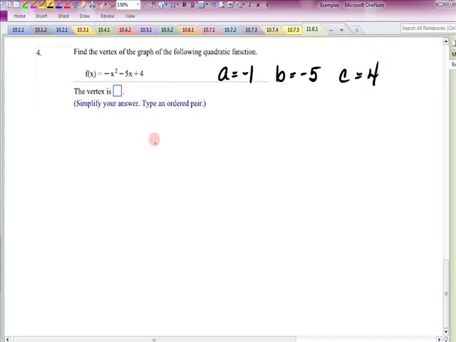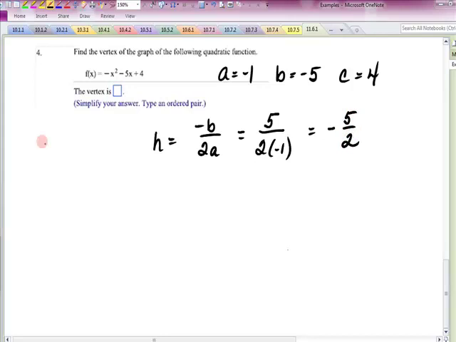H is equal to negative B over 2A. That is opposite of negative 5, so it's 5 over 2 times negative 1. That's going to be negative 5 over 2, and I'm going to leave it as an improper fraction. The k value is the function evaluated. It is f of negative 5 over 2.